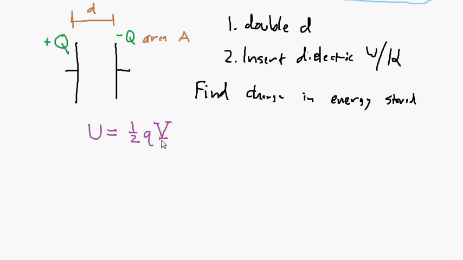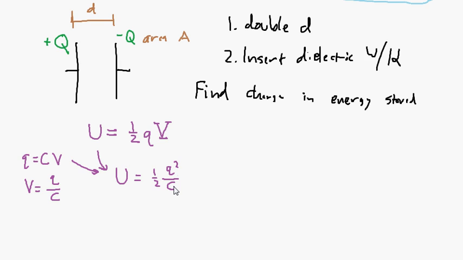We can rearrange this using Q equals CV, our basic capacitor equation, and get this in terms of C. I'll take V equals Q divided by C and plug this in for V. So then you get the energy stored as 1/2 Q squared divided by capacitance.